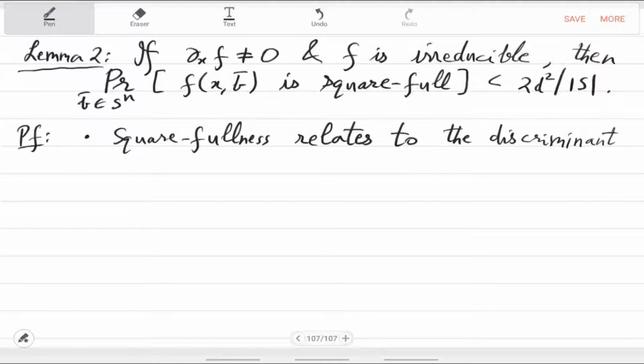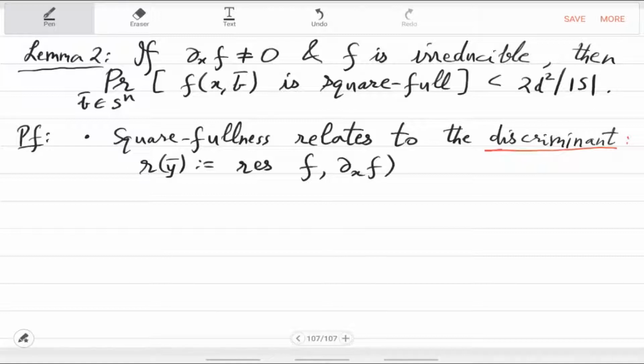So what is the discriminant? The discriminant is defined as the resultant of f with the derivative with respect to x. When you do that, then x gets eliminated and you get a polynomial in y1 to yn. That is called the discriminant.